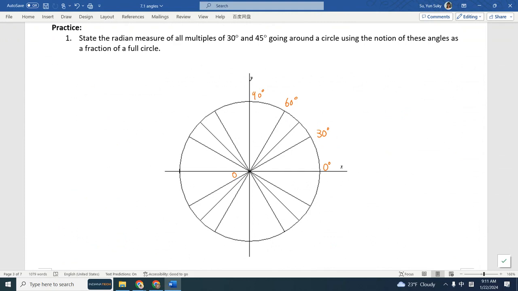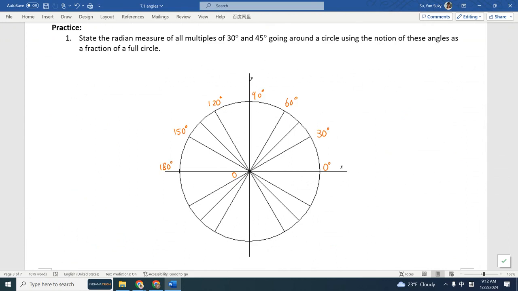Okay, what's 90 plus 30? 120. Okay, next one. 120 plus 30 degrees. 150. And then 150 plus 30 degrees. 180. Yes. 180 degrees.